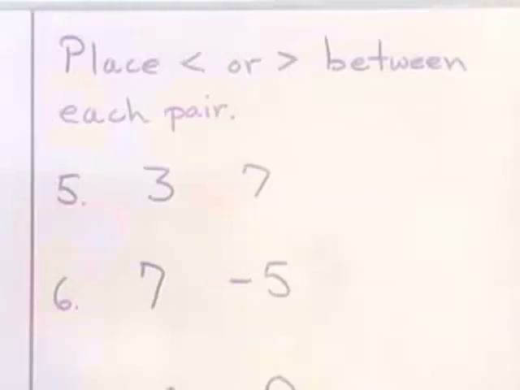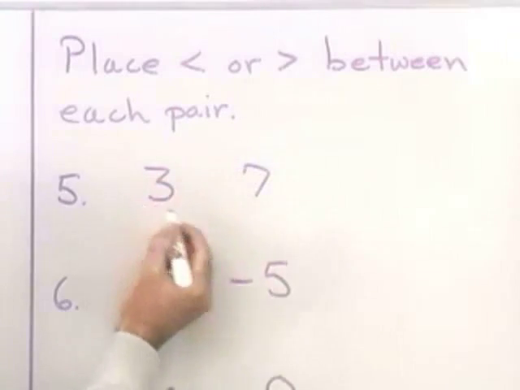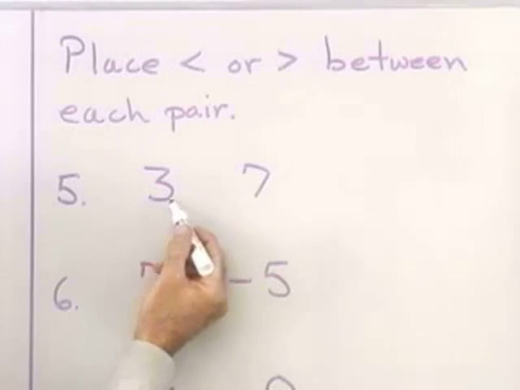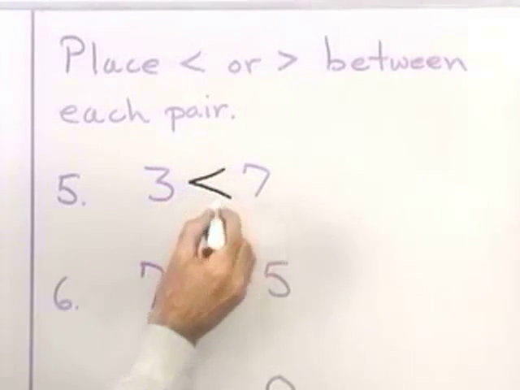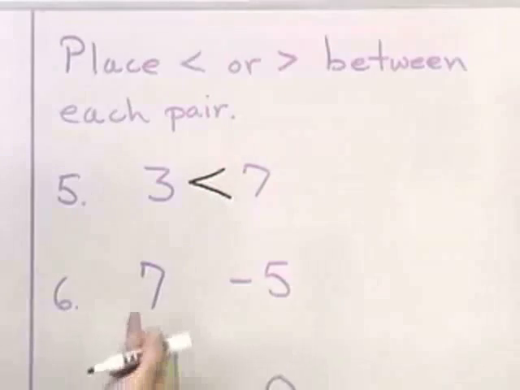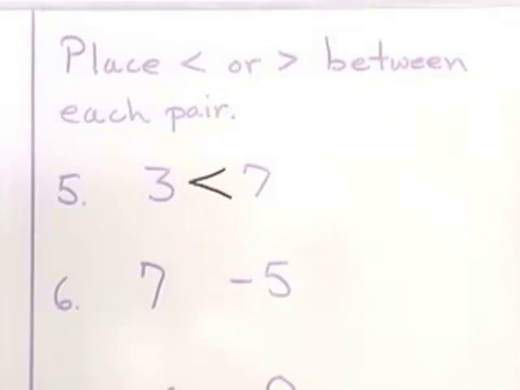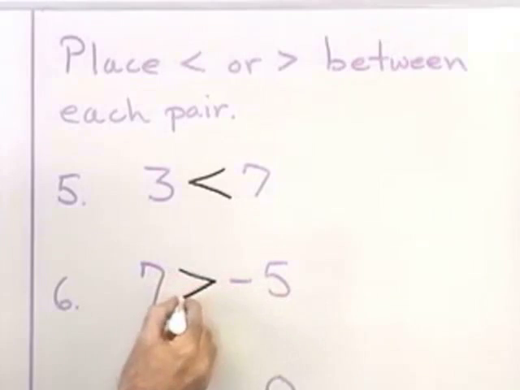Here's our next problems. We want to place a less than or greater than symbol between each pair of numbers, and we want to do it so that the resulting statement that we get will be true. All right, comparing 3 and 7, 3 is a smaller number than 7, so it's going to point in that direction. Comparing 7 and -5, -5 is to the left of 7 on the number line, so that will be the smaller number.